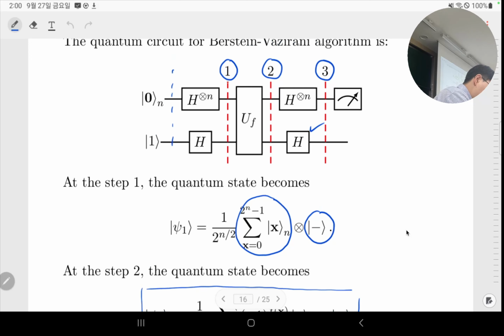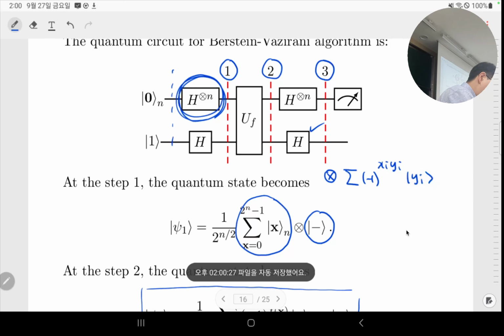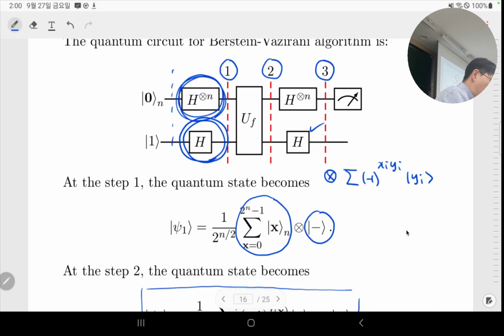So here we apply the Hadamard to get this, minus 1 to the x_i y_i, tensor product, and then we want to tensor product that with the input output register.